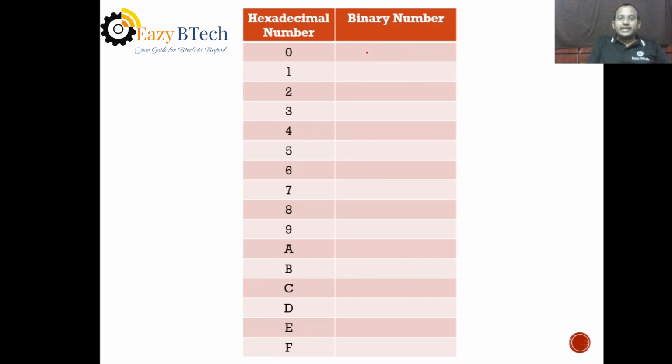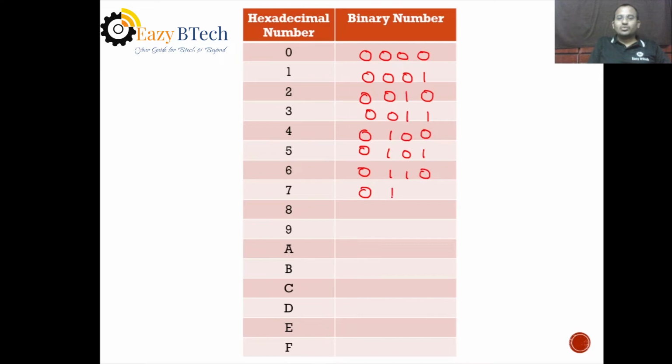For 0 it is 0 0 0 0, for 1 it is 0 0 0 1, for 2 it is 0 0 1 0, for 3 it is 0 0 1 1, for 4 it is 0 1 0 0, for 5 it is 0 1 0 1, for 6 it is 0 1 1 0, for 7 it is 0 1 1 1, for 8 it is 1 0 0 0, for 9 it is 1 0 0 1.